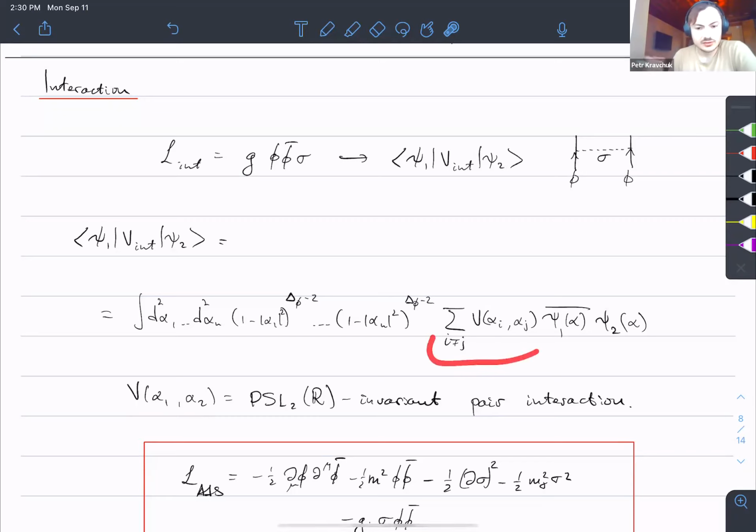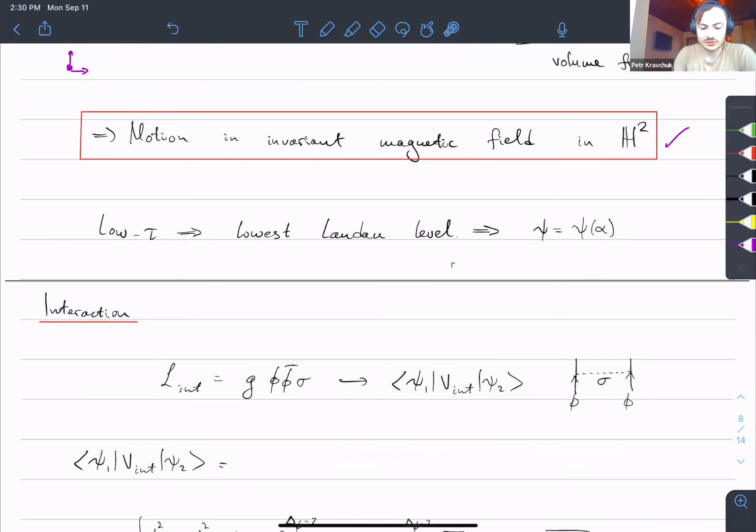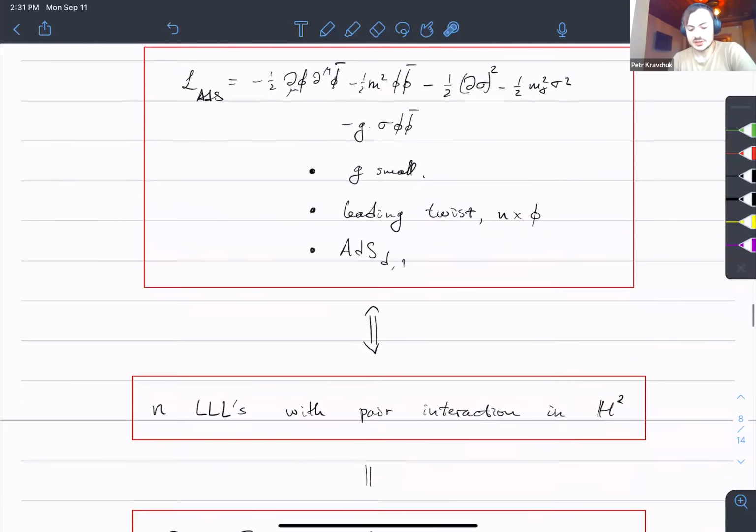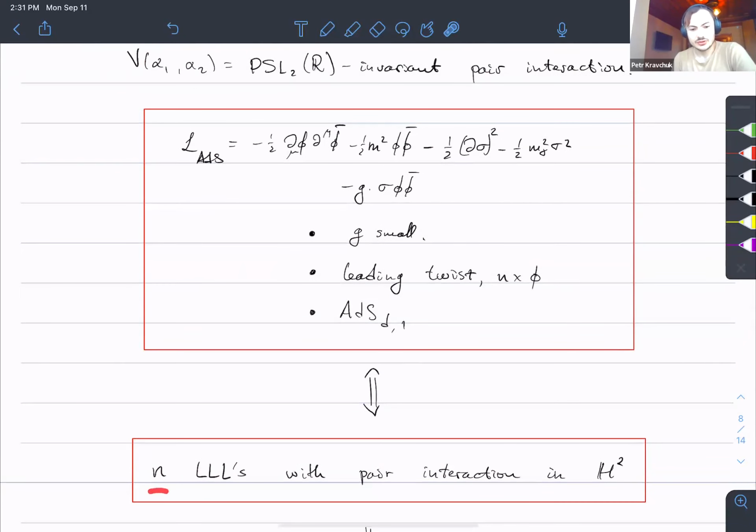And in this model, interpreting these wave functions as wave functions of the lowest Landau levels, what this becomes is that our original problem at leading twist with n phi fields in AdS and at leading order in G is exactly equivalent to just n lowest Landau levels in the hyperbolic plane with some pair interaction, which is given by this function v, which you can compute.